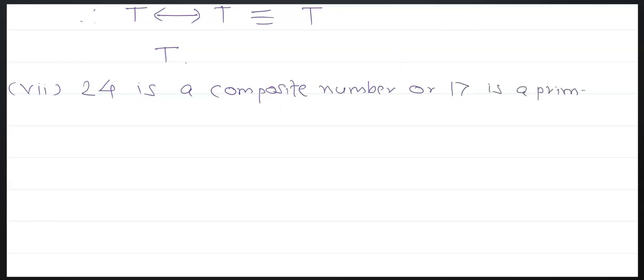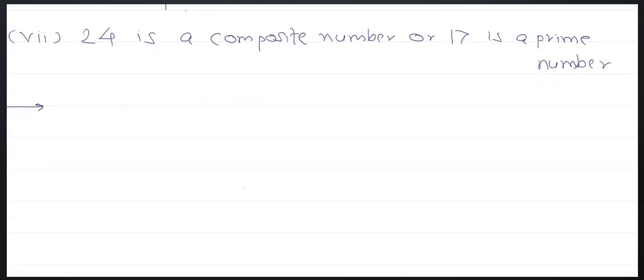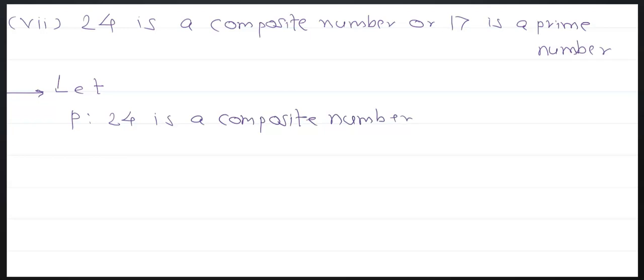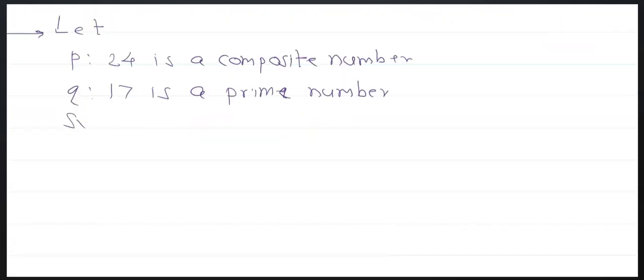Next is: 24 is a composite number or 17 is a prime number. Yes, both the statements are true. Therefore, its truth value is T. 24 is a composite number because it is 2 into 12, 6 into 4. It is a composite number.